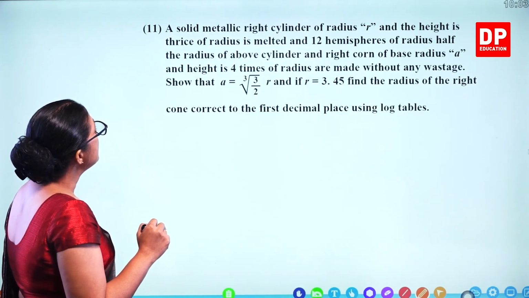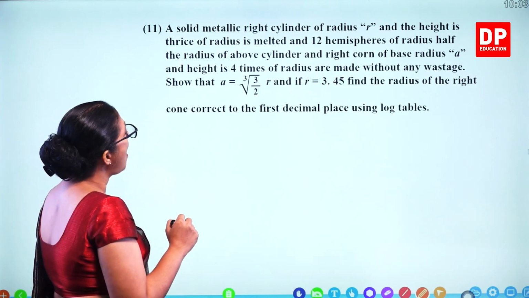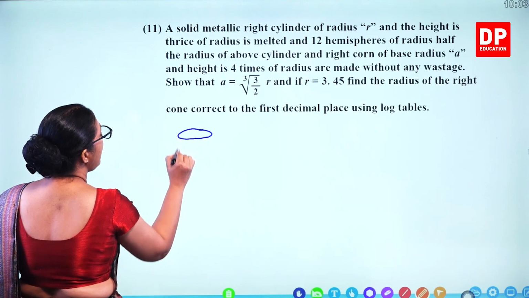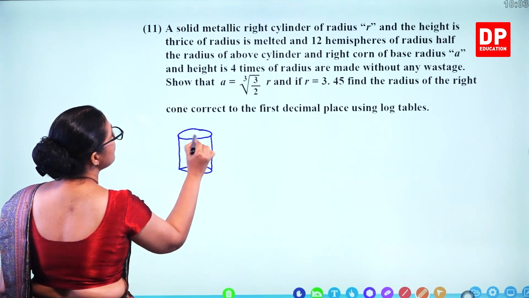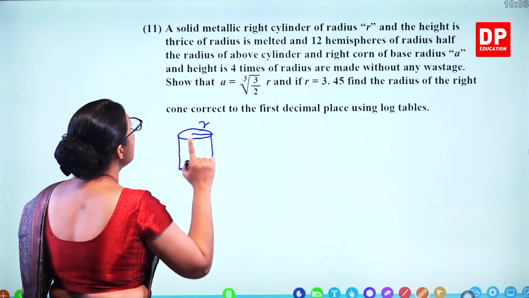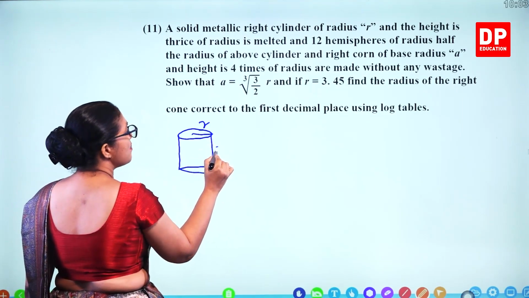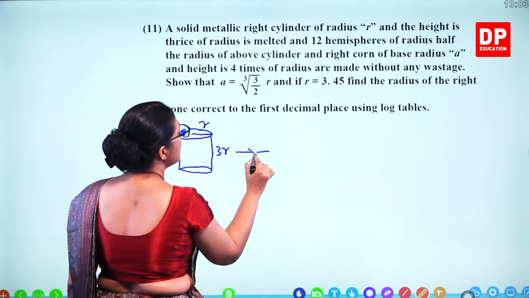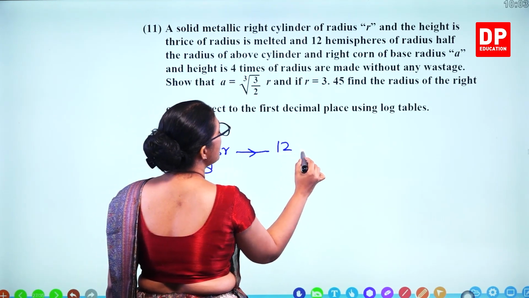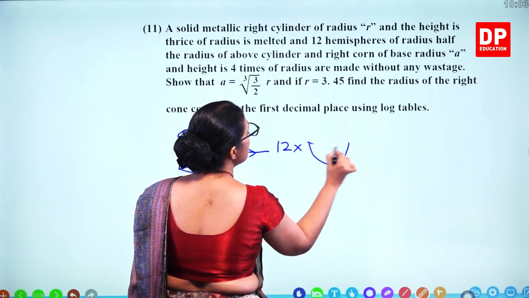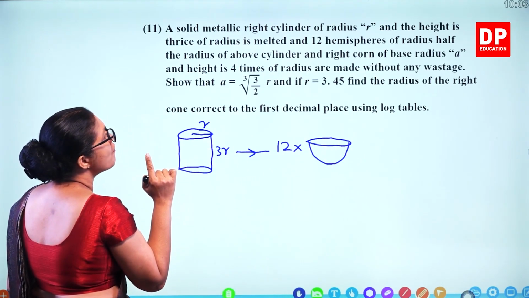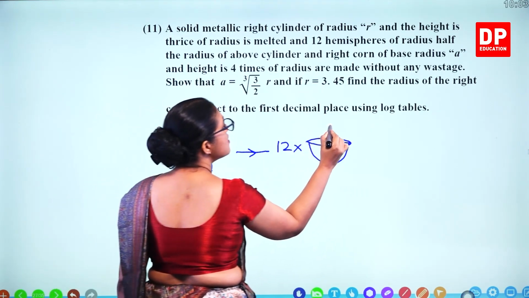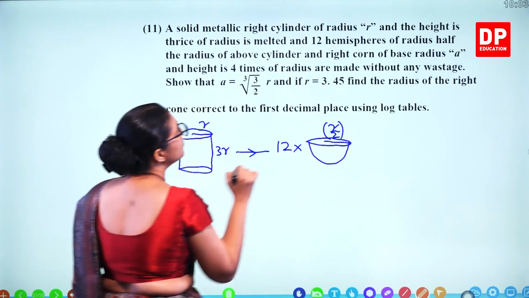A solid metallic right cylinder of radius r and height h is thrice the radius, that means 3r, is melted and made into 12 hemispheres of radius half the radius of the above cylinder. If this is r, this becomes r over 2.